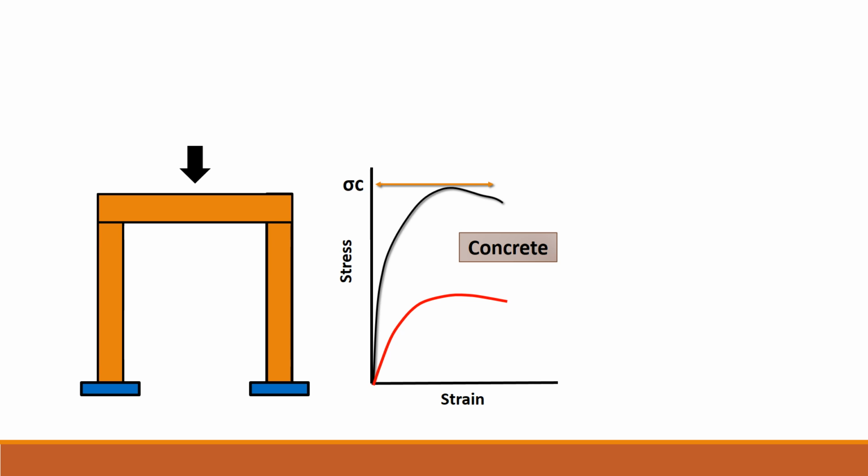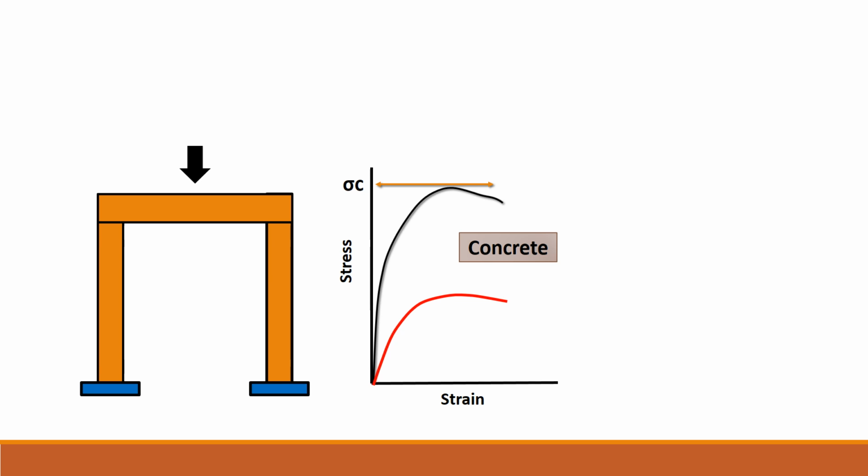Number two, it would mean that we are increasing the member size. Now, in both cases, one, there is an increase in density, and in the other case, there is an increase in mass of the structure. So, overall, in both cases, the mass or the weight of the structure is getting increased.